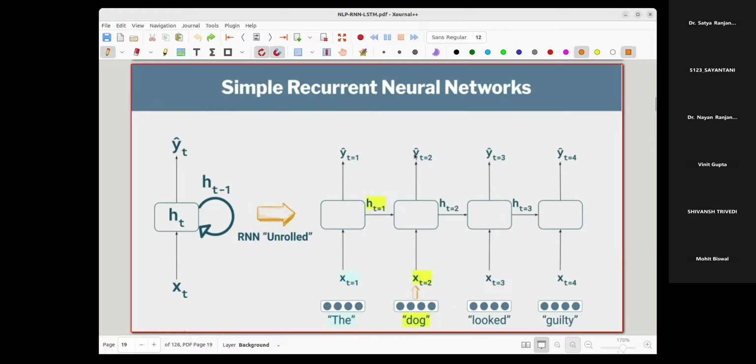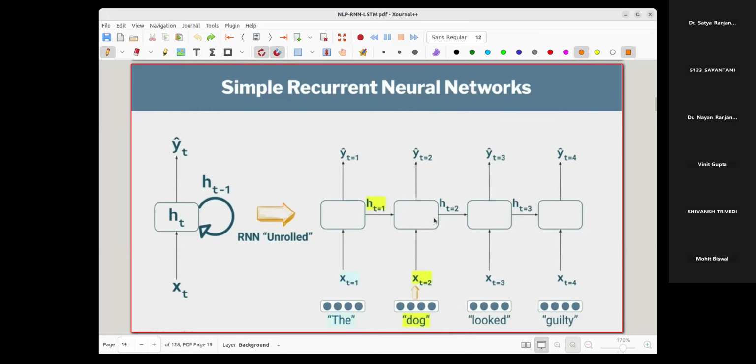Now it produces some output, and similarly when "looked" is processed, what will it do? At time step 3, looked is given as input, and ht equals 2 contains the information of both the previous inputs, that is "the" and "dog", because the information of "the" is passed through ht equals 1, and now dog information is added here.